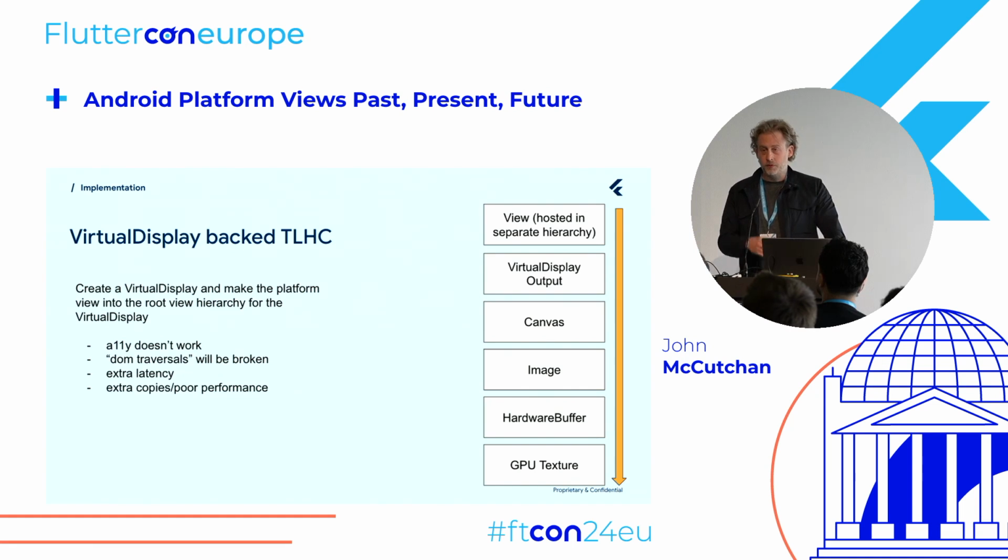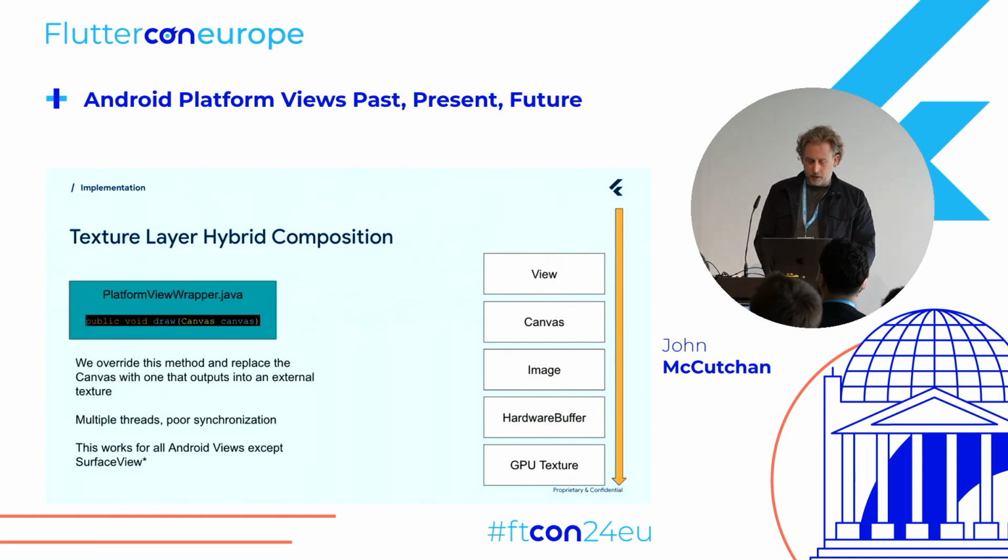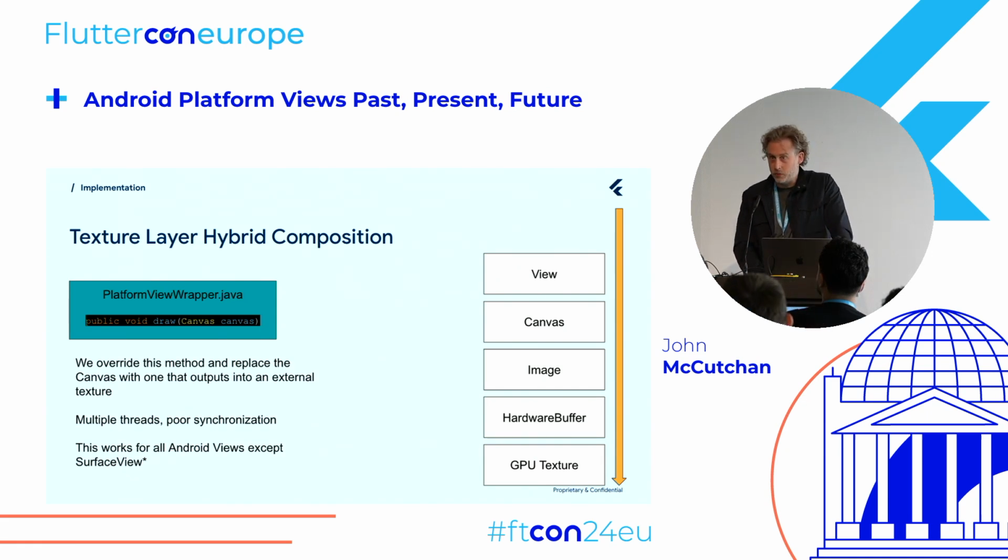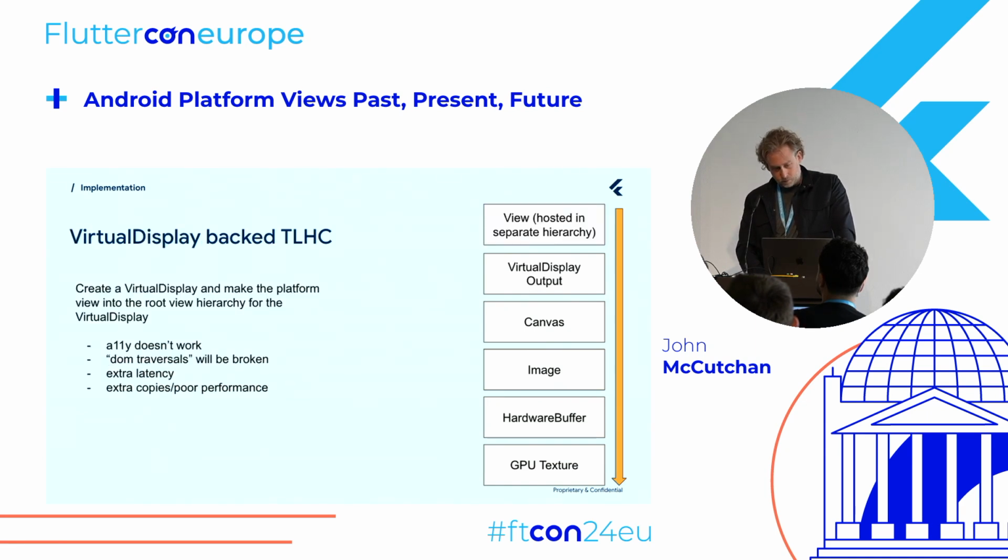Surface views are not supported in that mode because they're not actually drawing onto that canvas that we're stealing and telling it to draw on. They're just filling that canvas with transparency, and then the operating system slides the texture in behind it. So the way this is worked around is we create a virtual display. This is an Android API that basically allows you to make a new monitor.